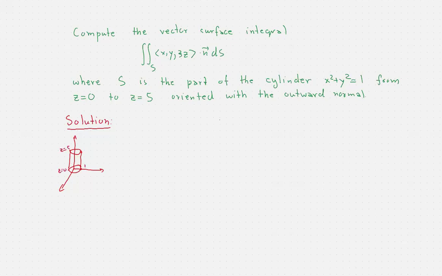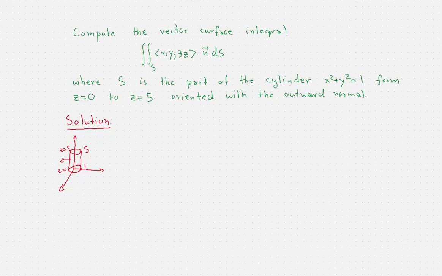So this is S. Okay, and as usual, we need to begin by finding the normal vector for a parameterization. And we're going to use a very interesting parameterization here. So the idea is pretty simple. Think of it this way.